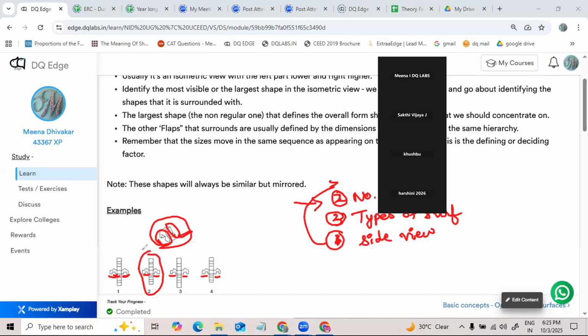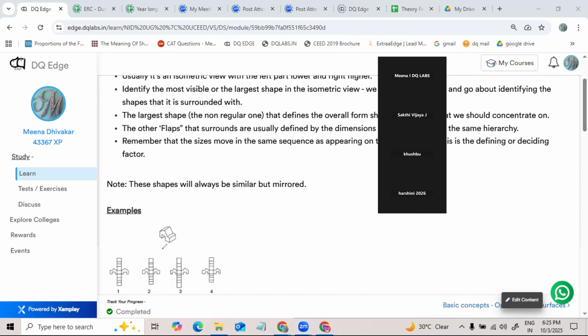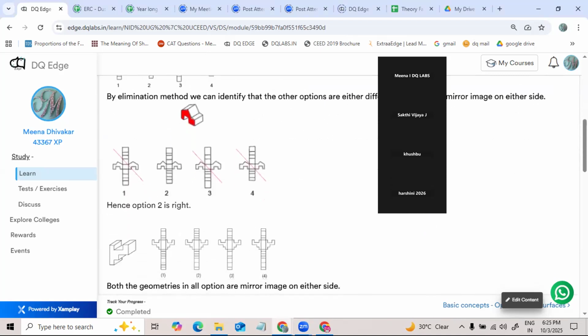But it's not like that in all questions. Sometimes two options are the same, or three options are the same. At that point, I'll tell you what you need to do. When all are different and only one is the same, we conclude with an answer. But when it comes to the second option, I'll show you. Can you see this?